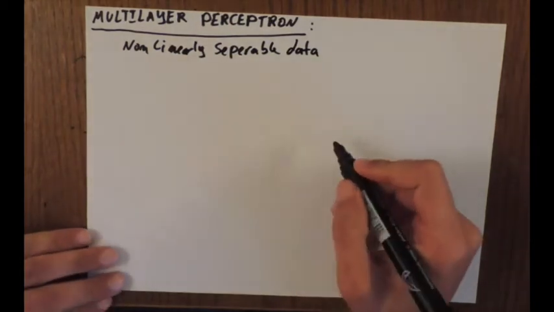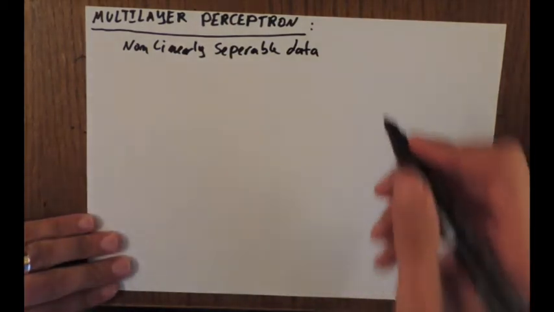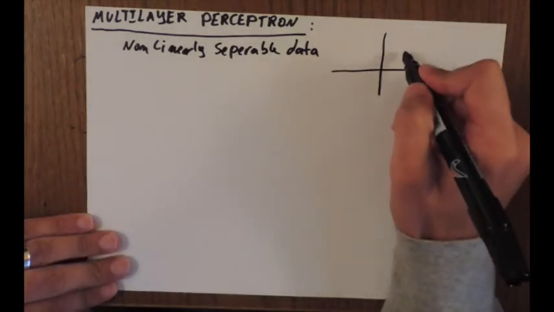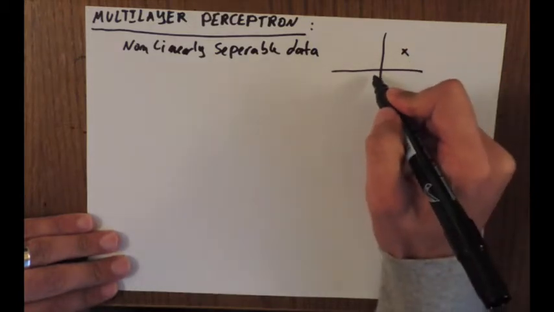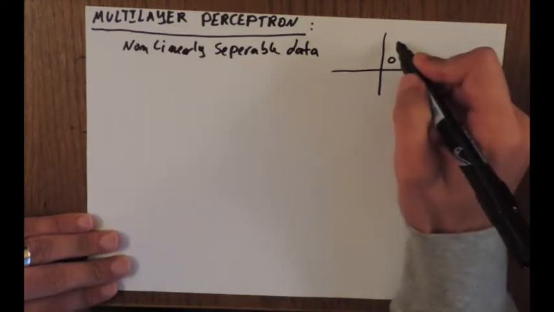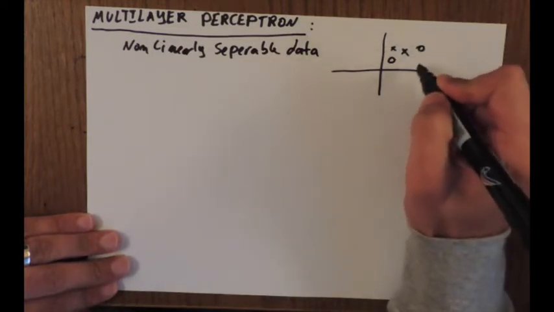So what do we mean by non-linearly separable? If we take the example of data like this, we have, let's say, these two data. Let's say we have another one here, and another one here, and another one here.